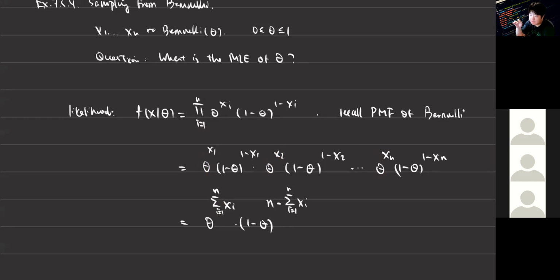Now from here, that's our likelihood function. All right, we have a general idea of what's going on. That's the parameters. It's this weird summation of xi, whatever. So what is happening is we want to find the optimal solution, right? That's our goal. And it usually relates to taking some sort of derivative with respect to theta, and we want to set it to 0 and solve it, okay?